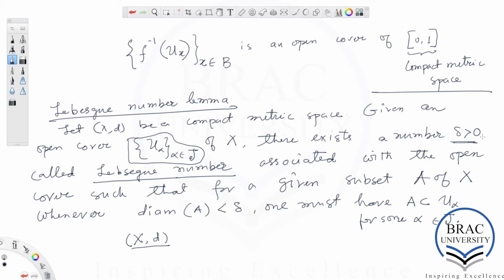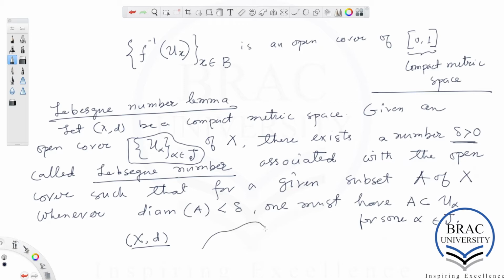If we can find a subset A of this compact metric space X such that the diameter of A is less than delta, what does it mean by diameter? Diameter means the supremum of the distance between any 2 points of a set.